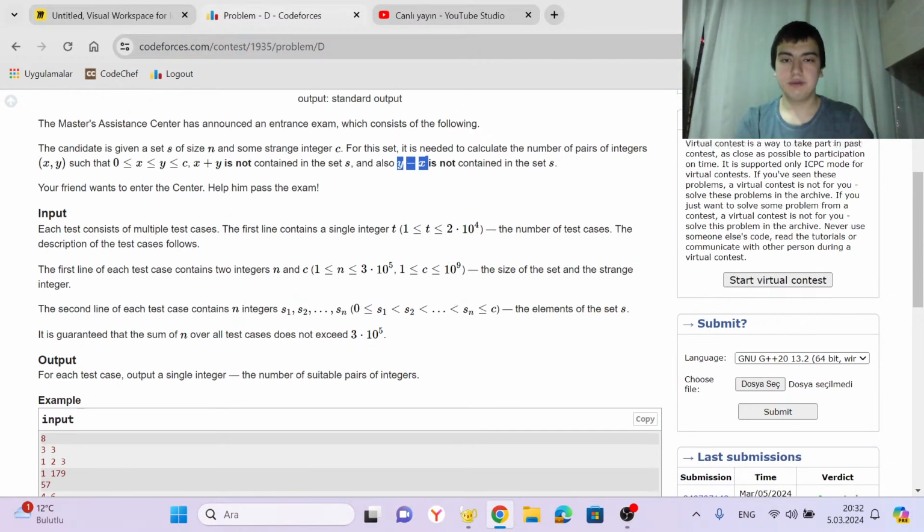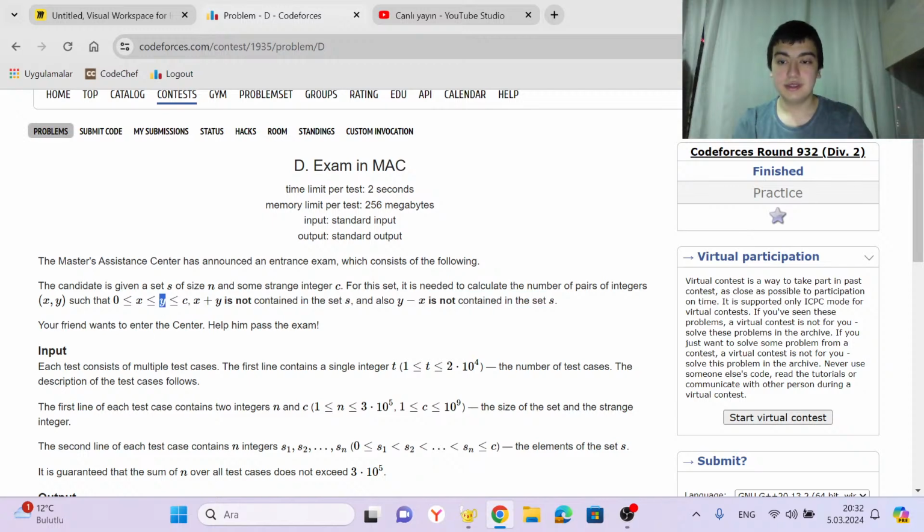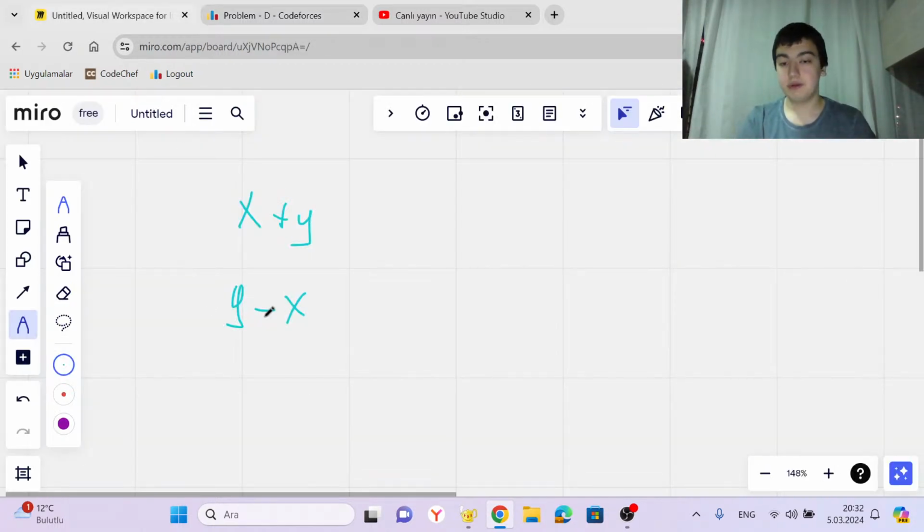It says y is greater than x, so let's write y minus x. We can choose x plus y and y minus x values, because if we choose x and y values, the x plus y and y minus x values are unique.